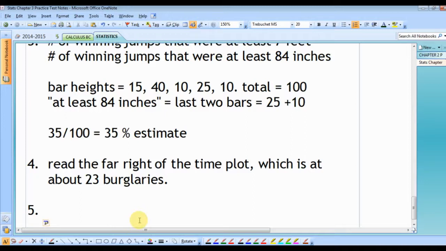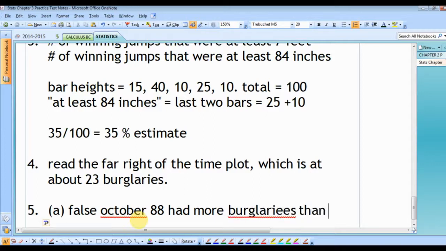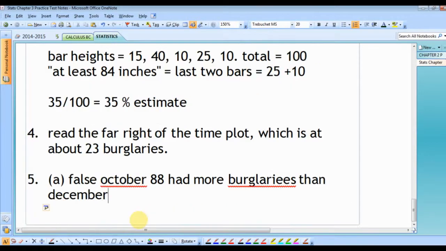Yes, there's that one spike right around October that's above December 1989. So that one is false. October 88 had more burglaries than December 89.